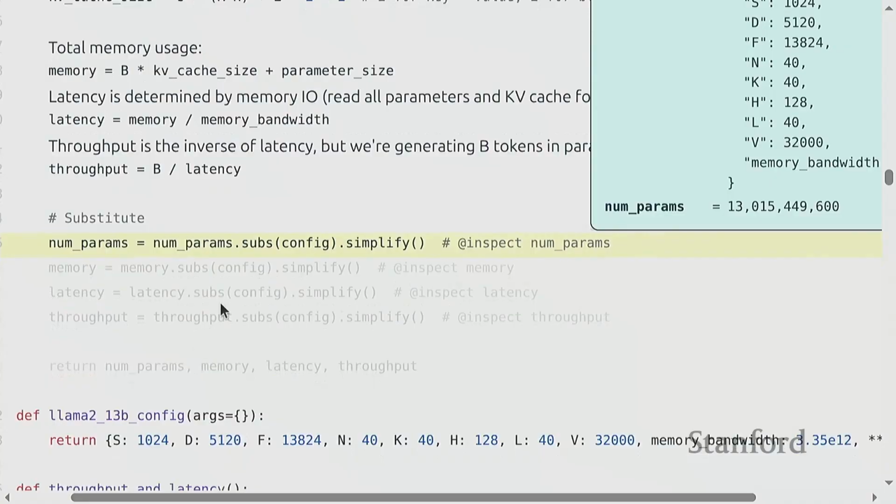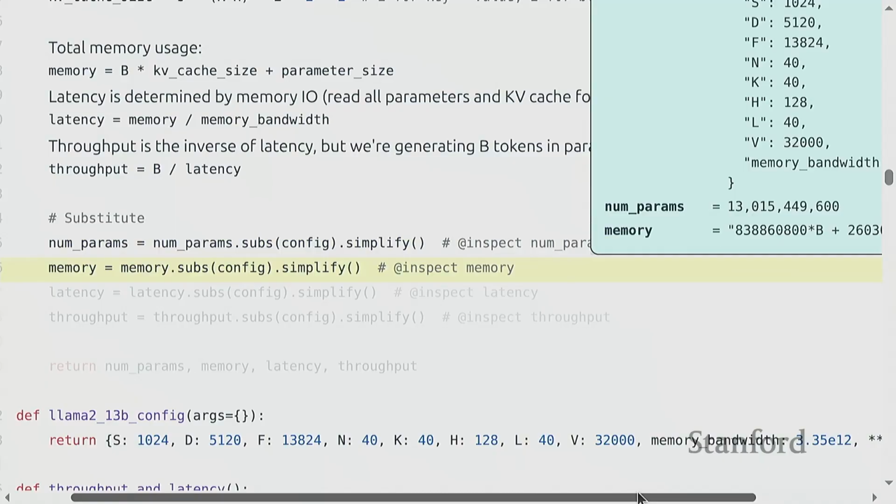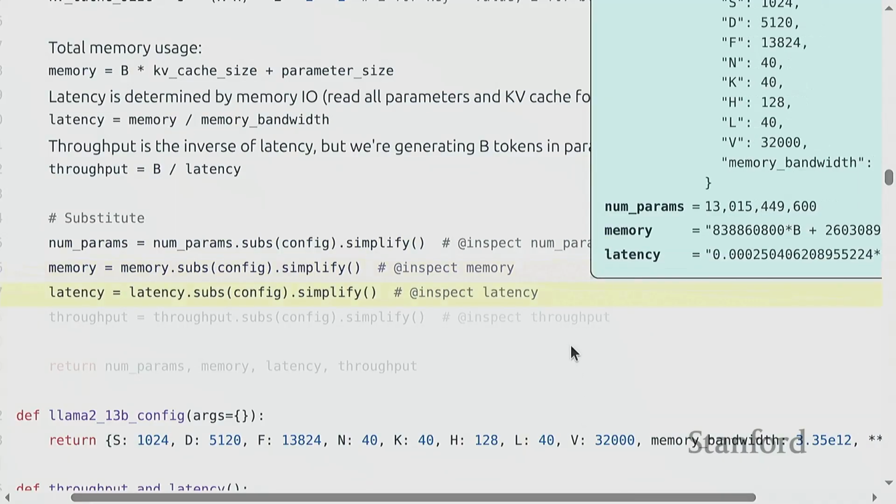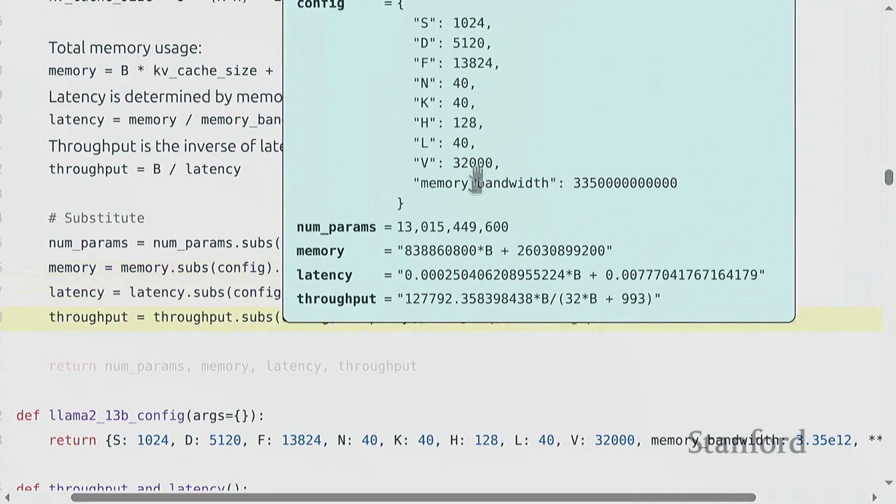Okay, so now if we substitute our Llama 2 config, we'll see that the number of parameters checks out. It's 13 billion roughly. The memory, latency, and throughput have these expressions. So memory grows, obviously. This is the parameter size.